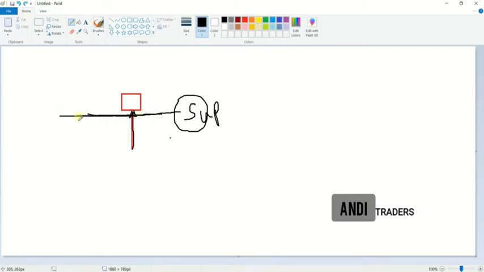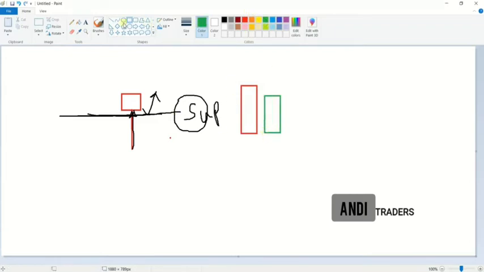So this support level shows us the market will go up. Why? Because we already see the buyers' entry here, right? We already see candles like this.